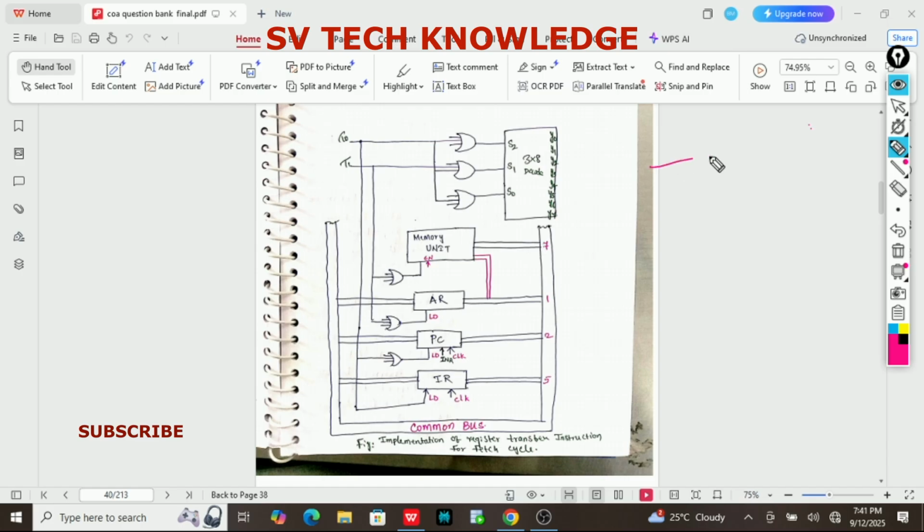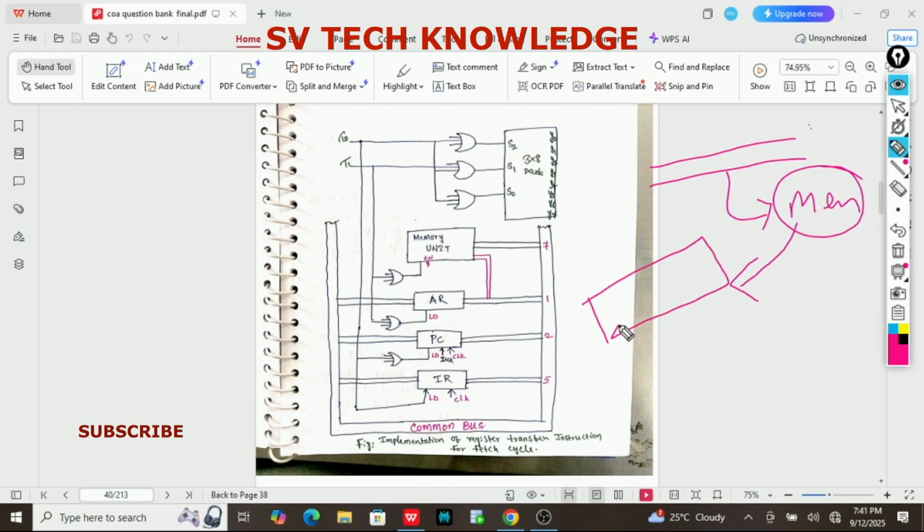Whatever program you have written is stored in memory. So what does this fetch cycle do? From the memory it takes the data and sends it to the IR. What is IR? Instruction register. Whatever data is there in memory is loaded into the processor's instruction register.